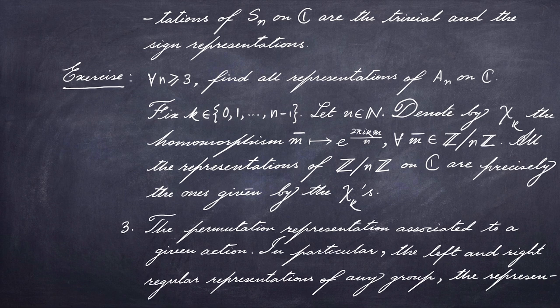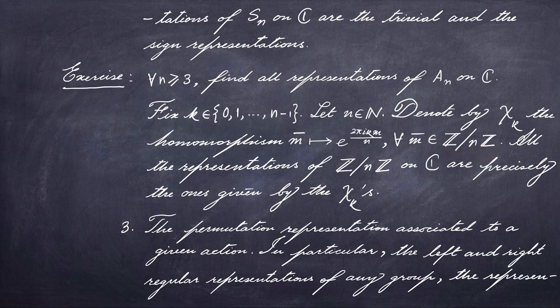Then define chi k to be the following homomorphism, sending the class of m to e to the power 2 pi i k m for every m. It's easy to see that chi k is a homomorphism. So for each k from 0 up to n minus 1, we obtain a representation of Z modulo nZ on C.